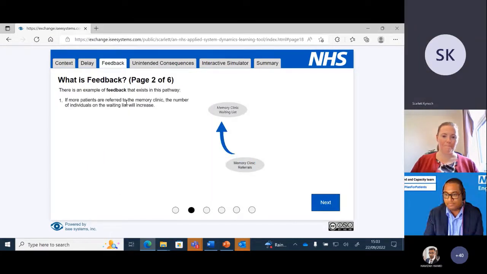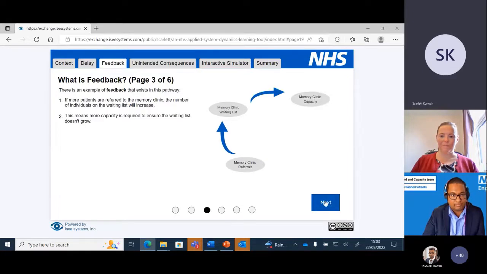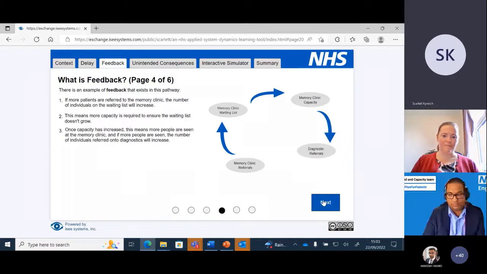An example of feedback that exists in this pathway is if more patients are referred to the memory clinic, the number of individuals on the waiting list will increase. This means more capacity is required to ensure the waiting list doesn't grow. Once the capacity has increased, more people are seen at the memory clinic, and if more people are seen, then the number of individuals referred onto diagnostics will increase.